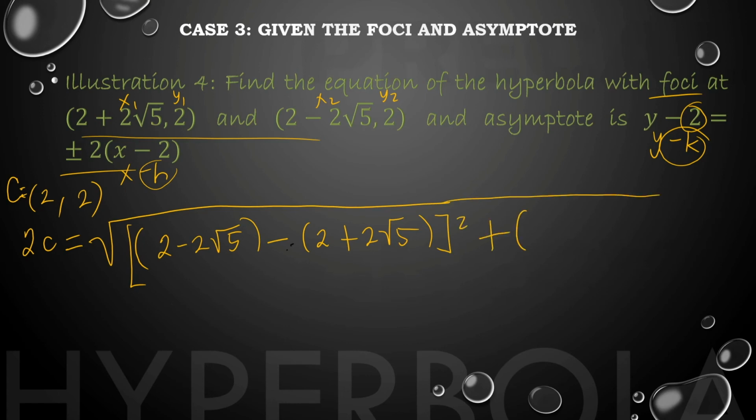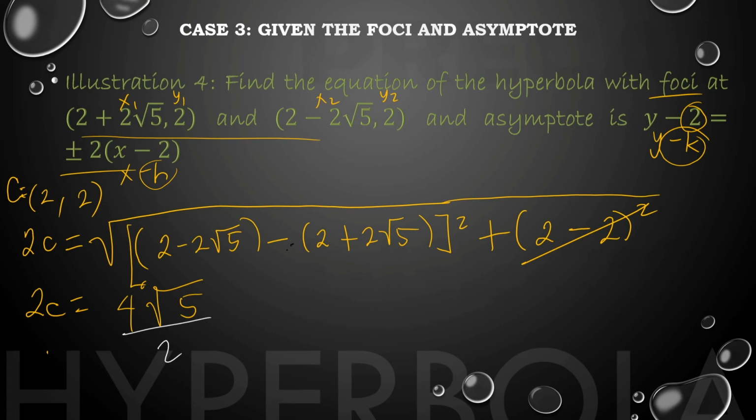So, plus y sub 2 minus y sub 1, which is 2 minus 2 squared. So, 0 na yan. So, calculate lang natin. Is equal to 4 square root of 5. So, divide lang natin ito by 2 to find c. Magiging 2 square root of 5.